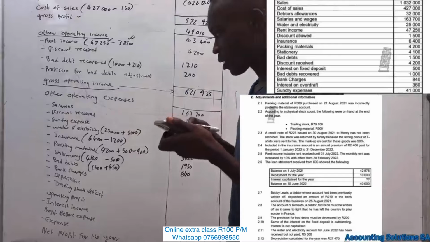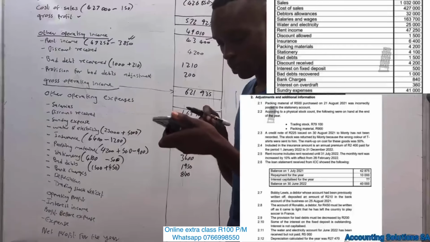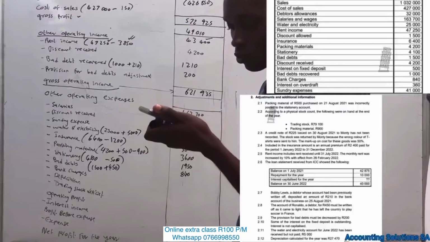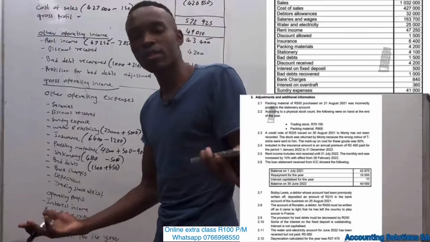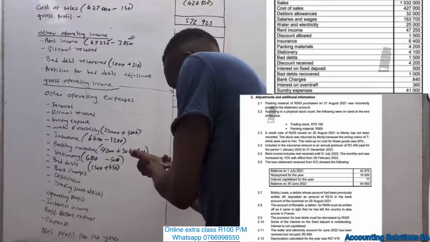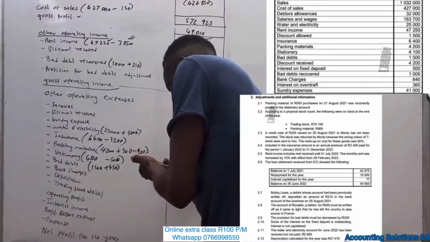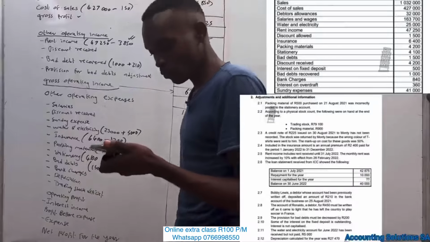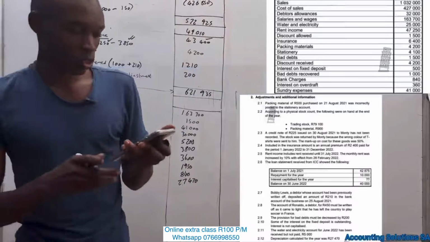The other one, we're going to go to depreciation 2.12. Depreciation calculated for the year was 27,470. Depreciation is an expense. 27,470.